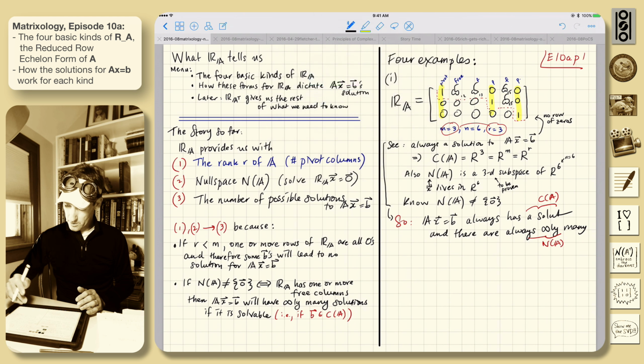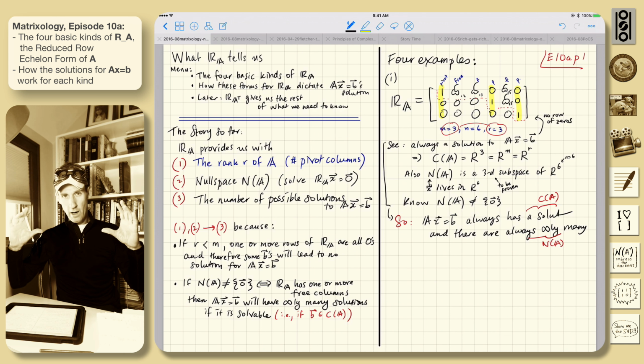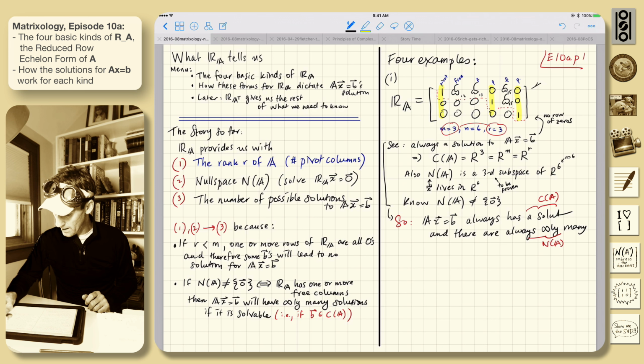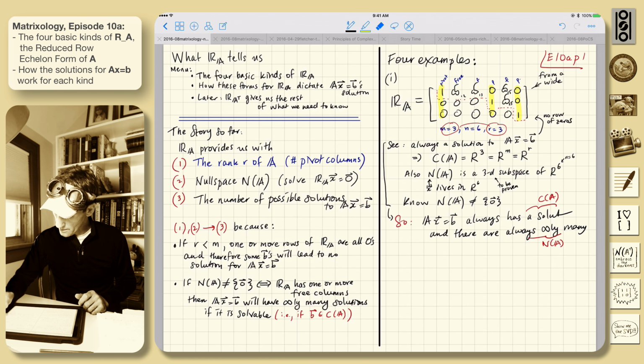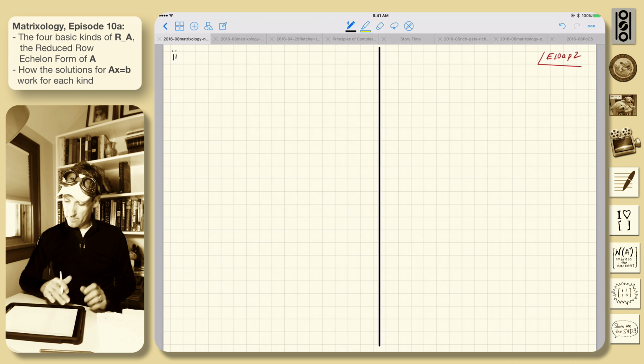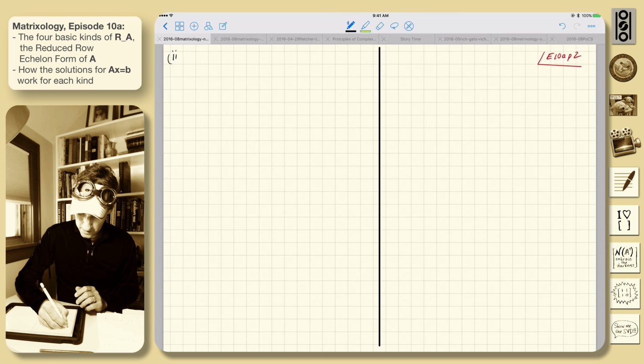Let's maybe jump to the next page. So this is going to be 2. So imagine, that was a wide shape, a wide A. Which is important: the overall shape of the matrix.